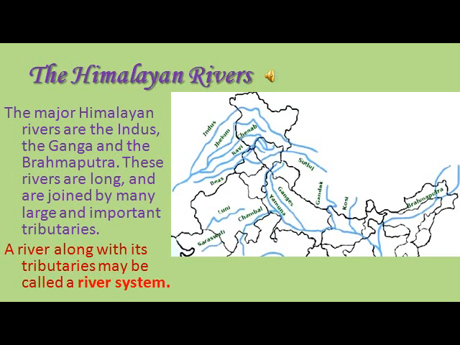A tributary is the small river which joins to a large river. Like see in this map, the major rivers are Ganga, Brahmaputra and Indus, and all other rivers which join to these main rivers are tributaries.